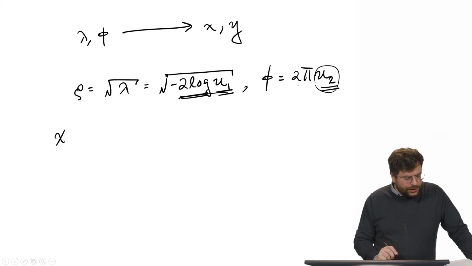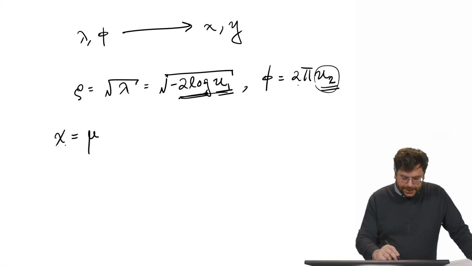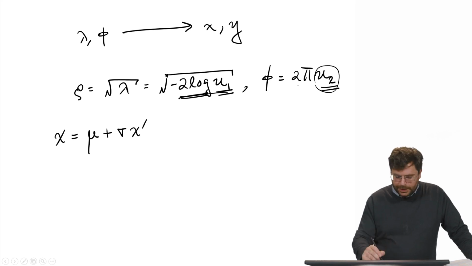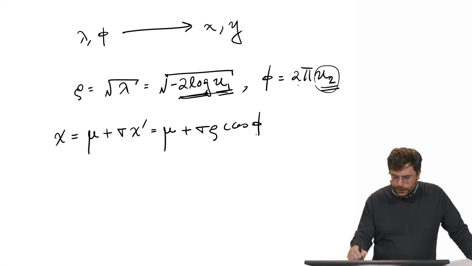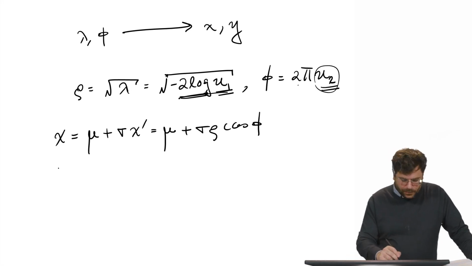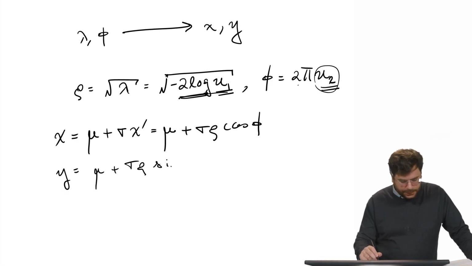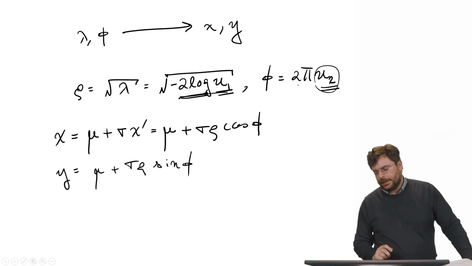And then I have to undo the next transformation, which is that x is equal to mu plus sigma rho cosine phi, and y is equal to mu plus sigma rho sine phi.